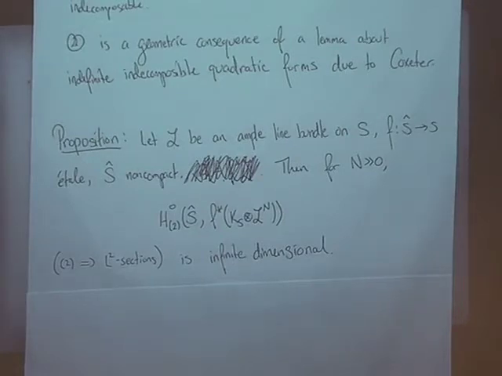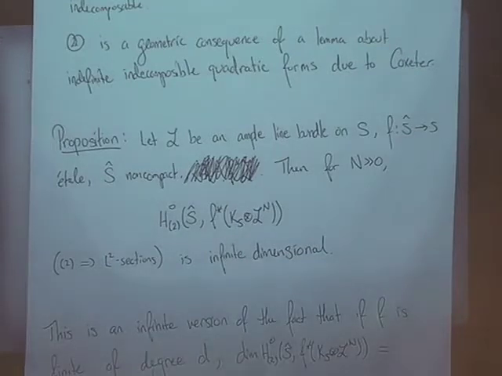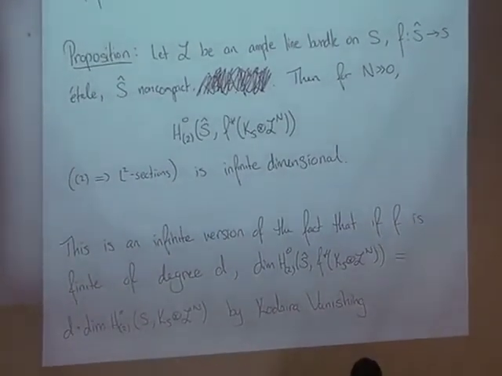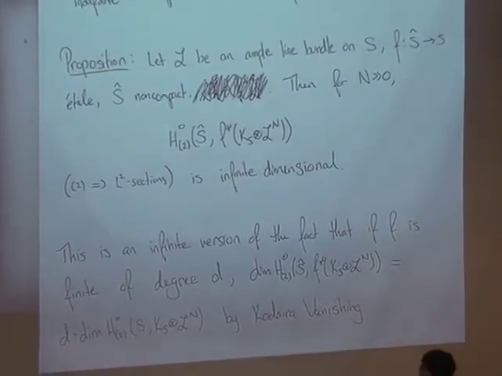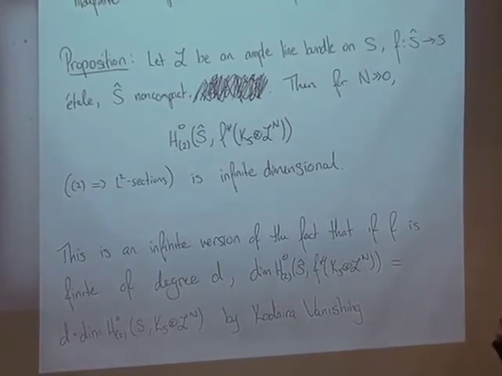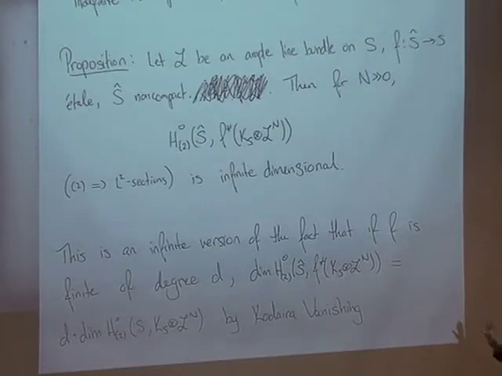Now, the proof of this is very technical, and again, there's a proof in these notes that I'd like to post soon. But rather than belaboring a proof right now, I'd just like to give you some intuition. This is an infinite version of what you get out of Kodaira vanishing.